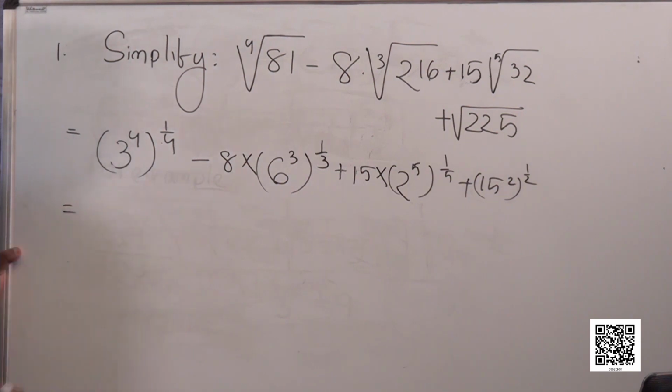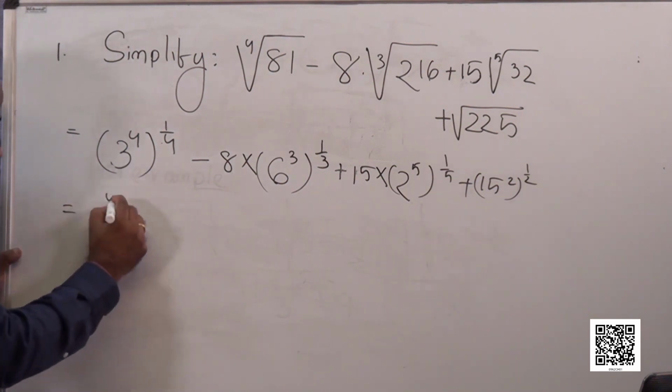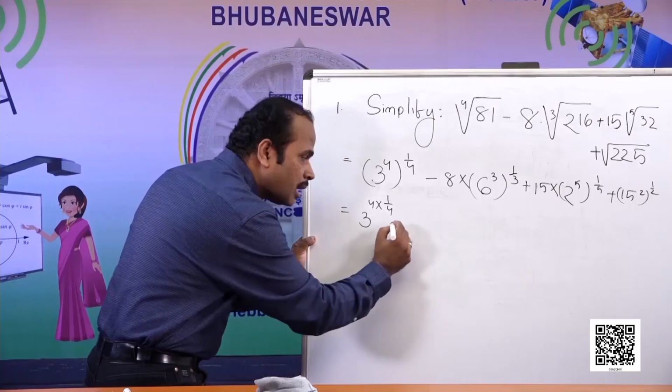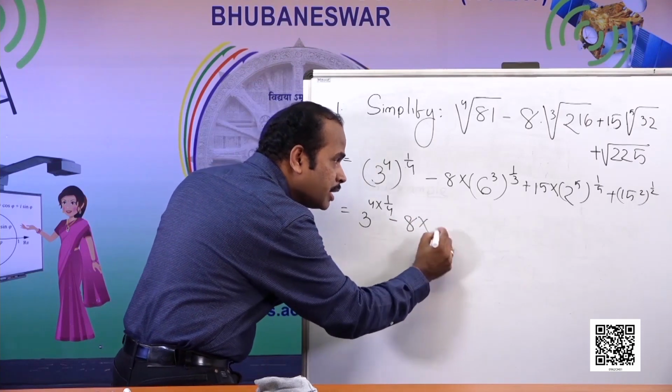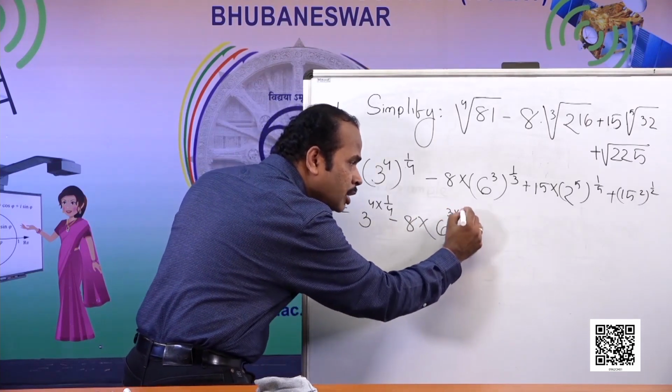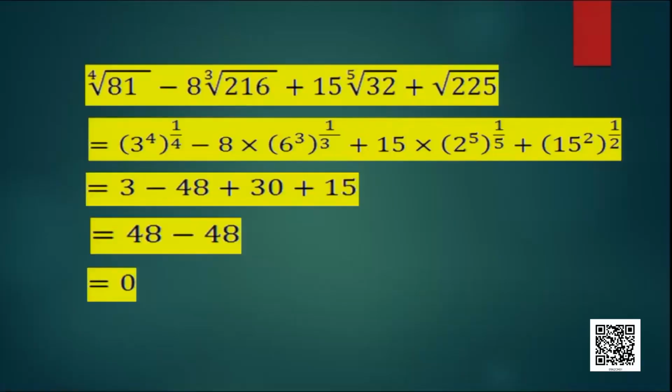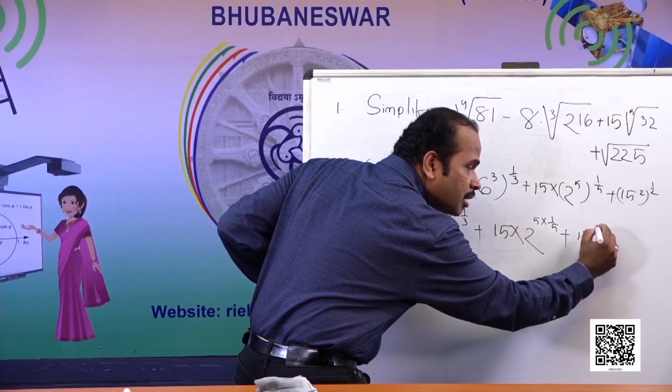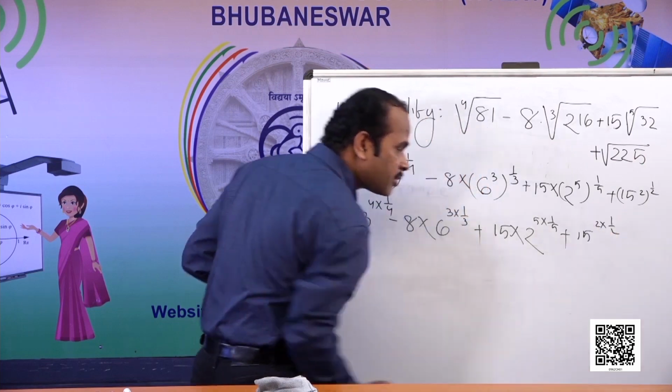Now expressing this, I will find 3 to the power 4 into 1 by 4 minus 8 into 6 to the power 3 into 1 by 3 plus 15 into 2 to the power 5 into 1 by 5 plus 15 to the power 2 into 1 by 2.